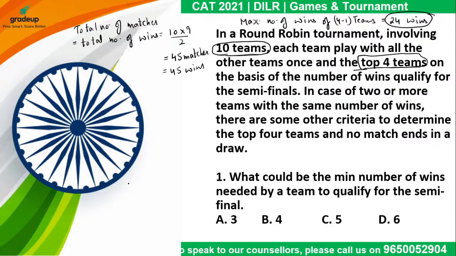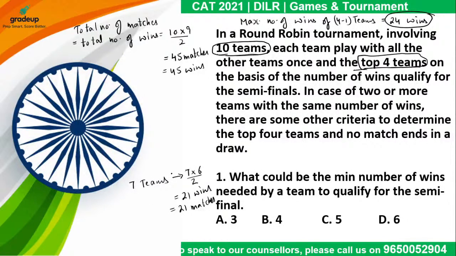See, if I am maximizing the wins of 3 teams, how many teams are left? 7 teams are left. And how many matches would they play among themselves? 7 teams आपस में कितने matches खेलेंगी? 7 into 6 by 2, which is 21. So I need to distribute 21 wins to these 7 teams.